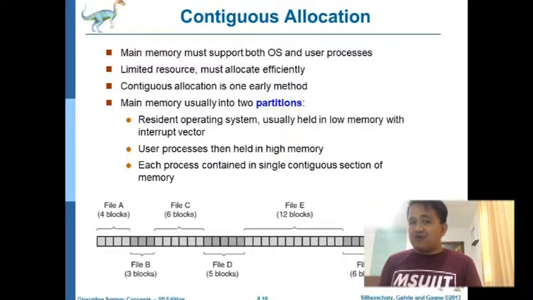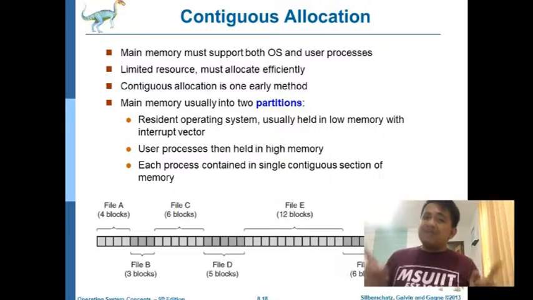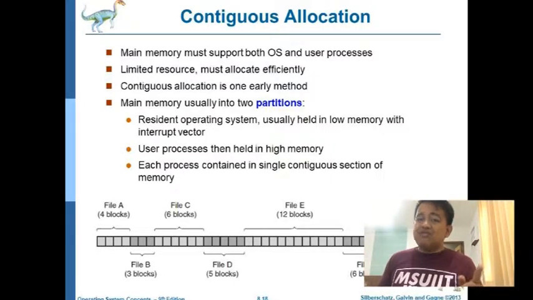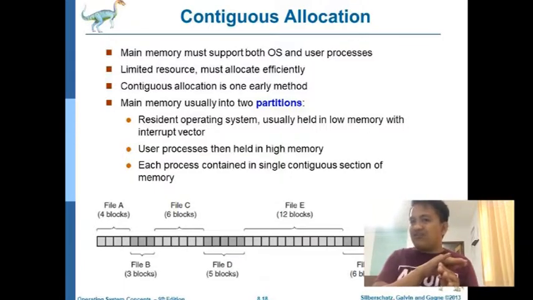Therefore, it requires 10 blocks of memory, and those 10 blocks are contiguous. They are interrelated with each other and we cannot separate them. It requires a contiguous aspect. That is what we call contiguous memory allocation.